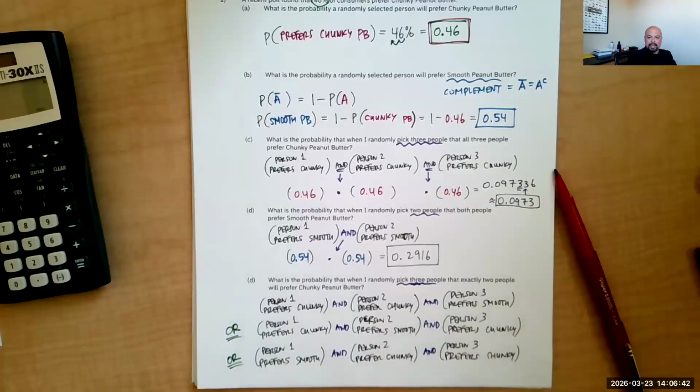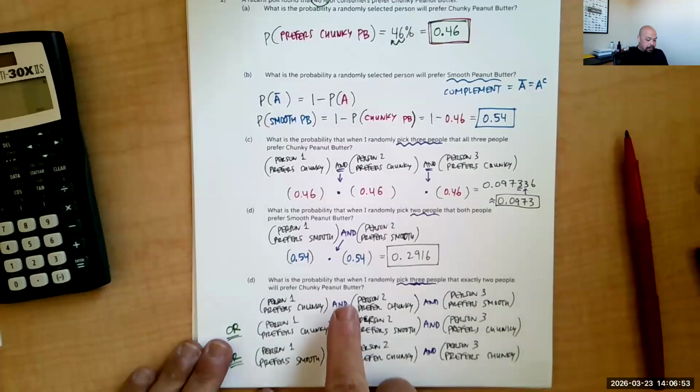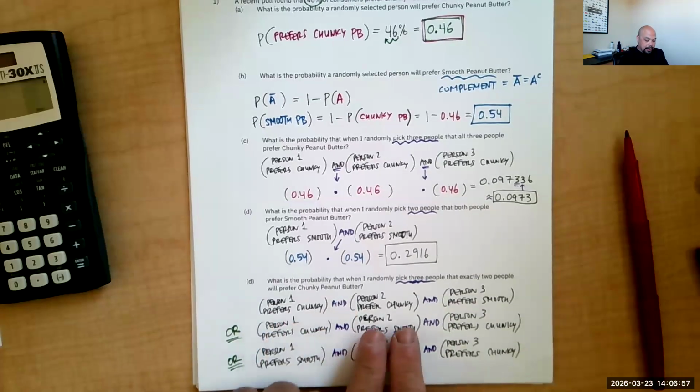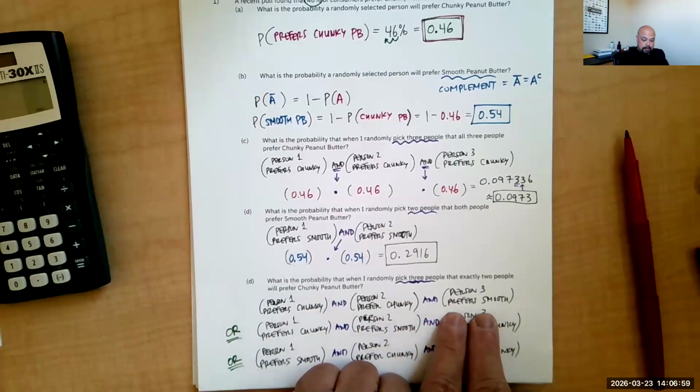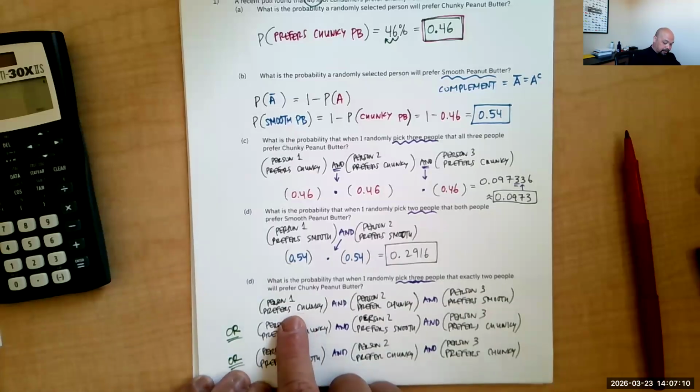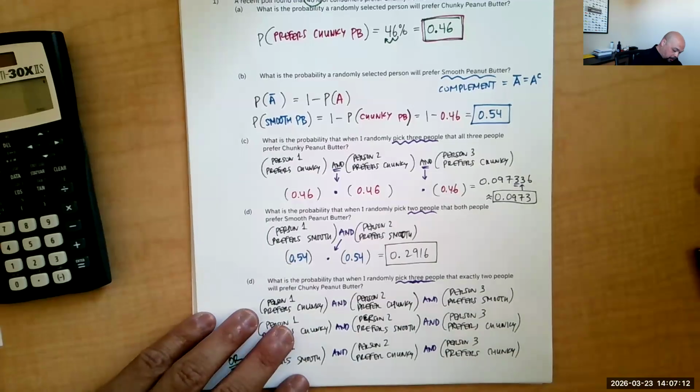And we can double check if there's any other way we can reorganize, right? If 4 people, there might be more ways of rotating or cycling through these different options. But as we go through, we're going to take those individual probabilities and multiply together, and then that or, we're going to add those possible results. Okay? And so when we do that calculation, preferring chunky, that was that 0.46.